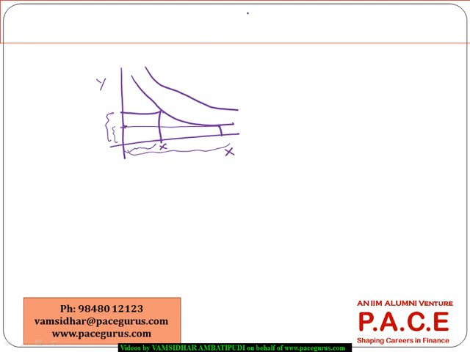That is what we call the indifference curve, which means the satisfaction or utility that he derives by consuming these two quantities of goods X and Y is going to be more or less one and the same.